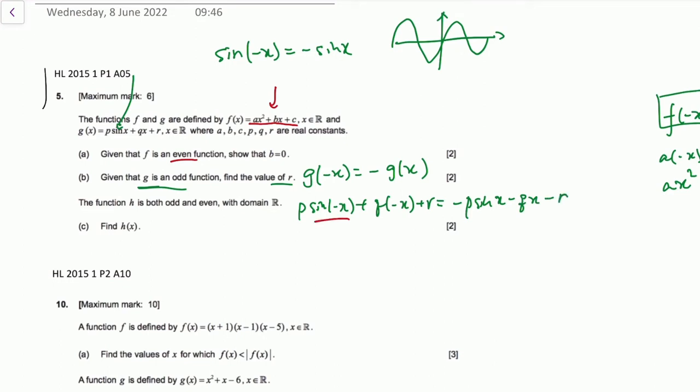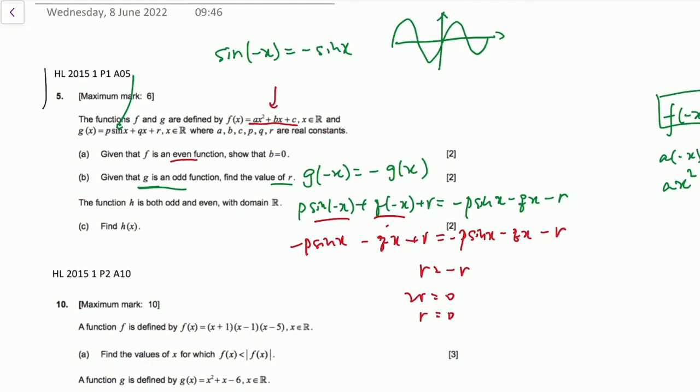Alright, so sine(-x) is negative sine x. This is obviously negative qx plus r. So similarly, the negative p sine x cancels out, the negative qx cancels out, so we have r equals negative r. So 2r is 0, which means r is 0.